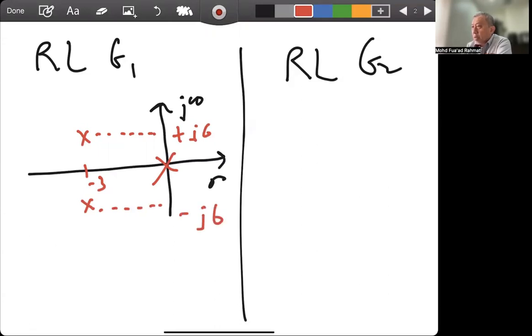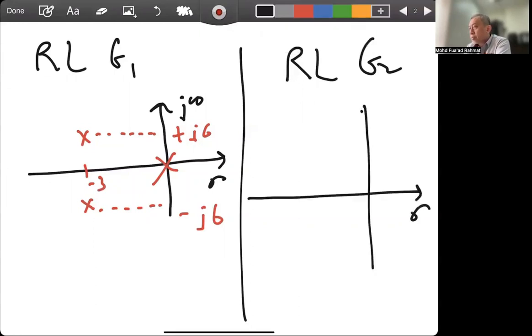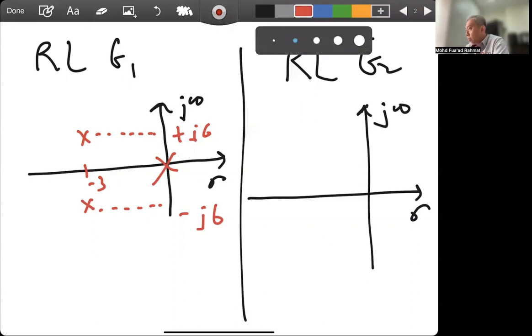And then the second one, locate the zeros and the poles, which is minus 1.1 and minus 12.4.